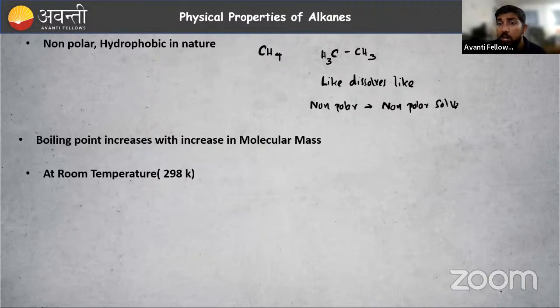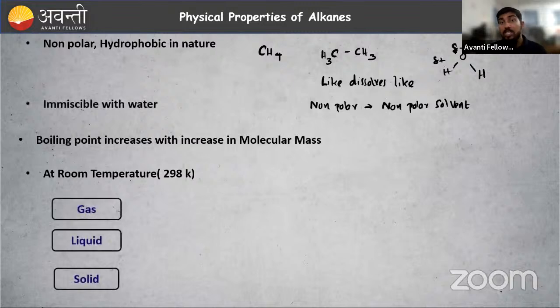What about water? H2O, oxygen and hydrogen. There is an electronegativity difference, delta minus, delta plus. It is polar in nature. So what about these alkanes in water? Is it miscible or not? It is not miscible in water, it is immiscible. Suppose oil in water, it is not miscible, right? So polar dissolves in polar.